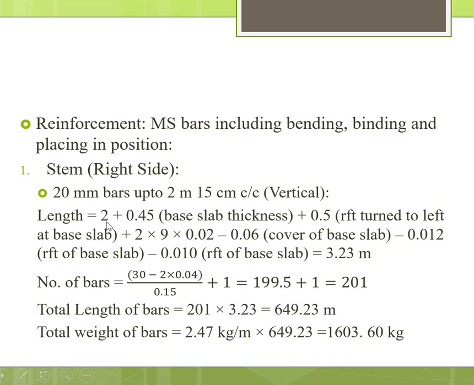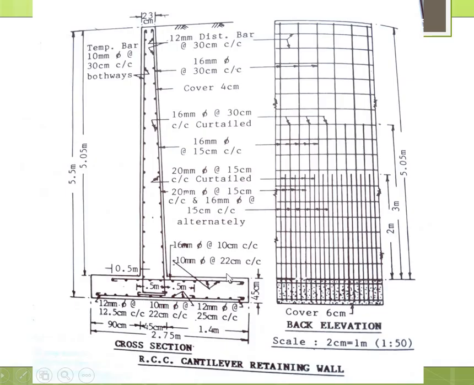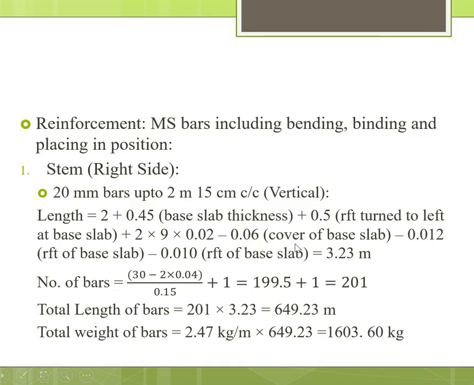Please do the calculation again and check. 2 plus 0.45, that's your base slab thickness, plus this turn, that is your 0.5 meter, plus your hook length, that is 2 into 9 into 20 mm, minus this base slab cover, minus this distribution bar's diameter. You have subtracted all that and you get the length as 3.23.